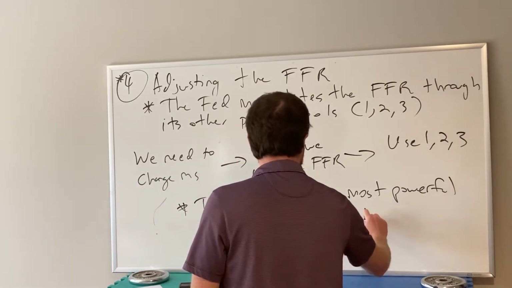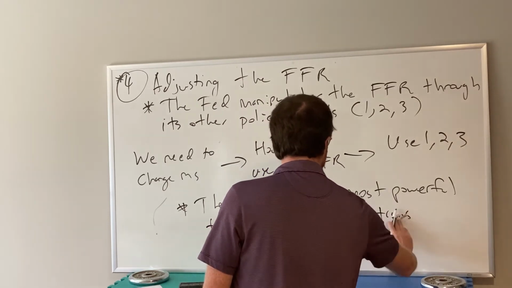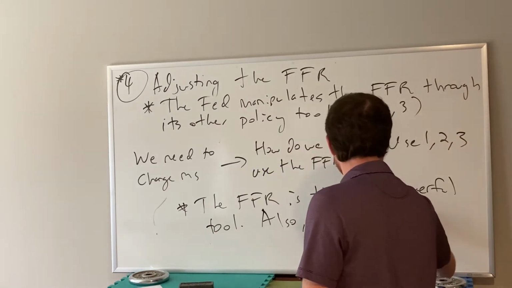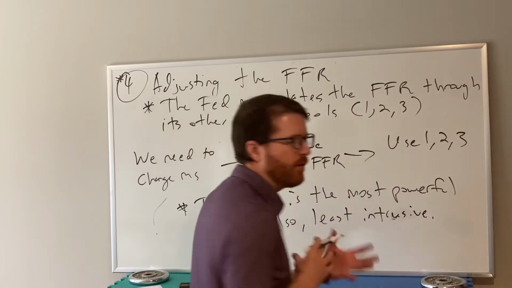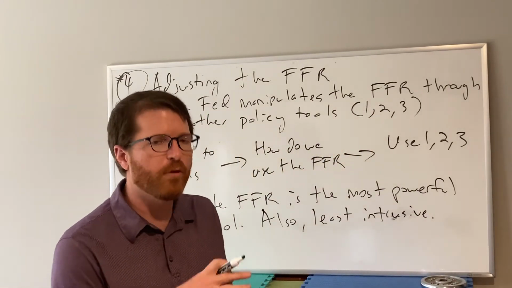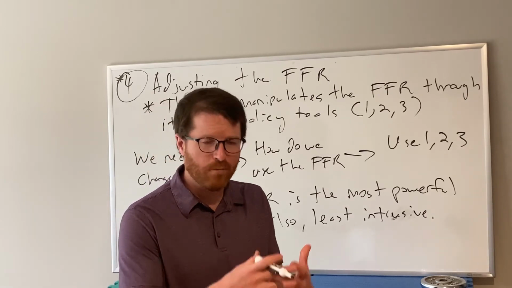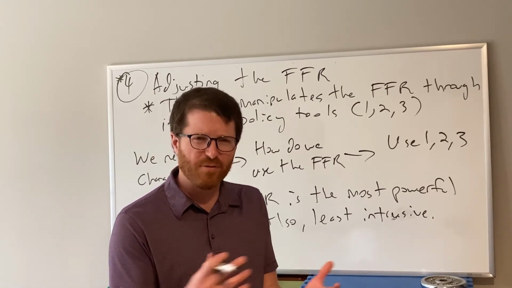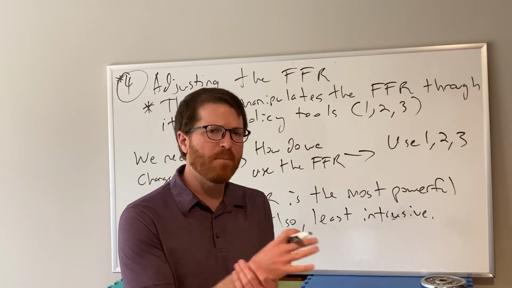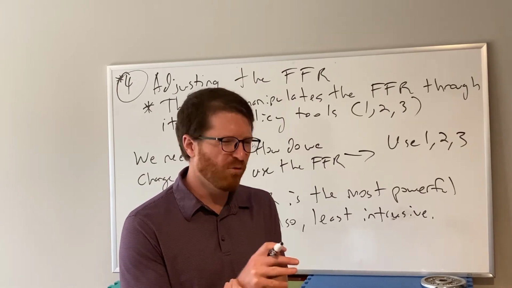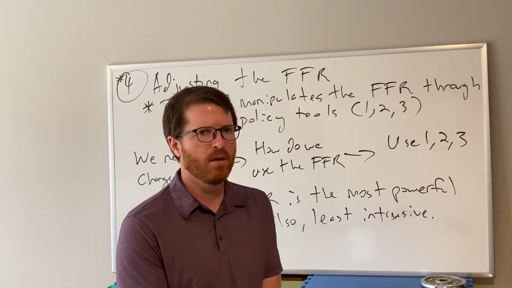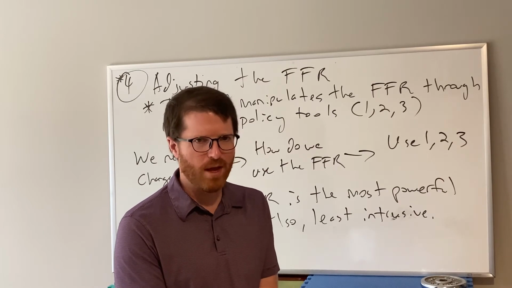What I mean by that is the Fed would like to stay out of the economy. The Fed would like to allow markets to operate close to freely. When the Fed buys bonds, does open market purchases, that's very aggressive. When the Fed goes out and buys government bonds, they're really affecting the market. So the Fed doesn't really want to have to do that.